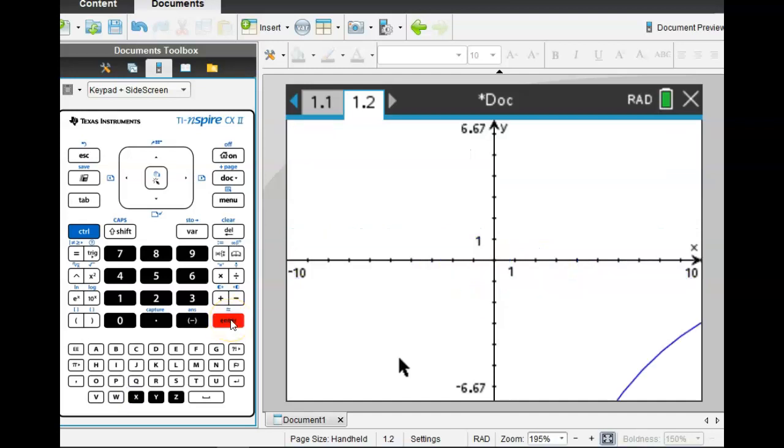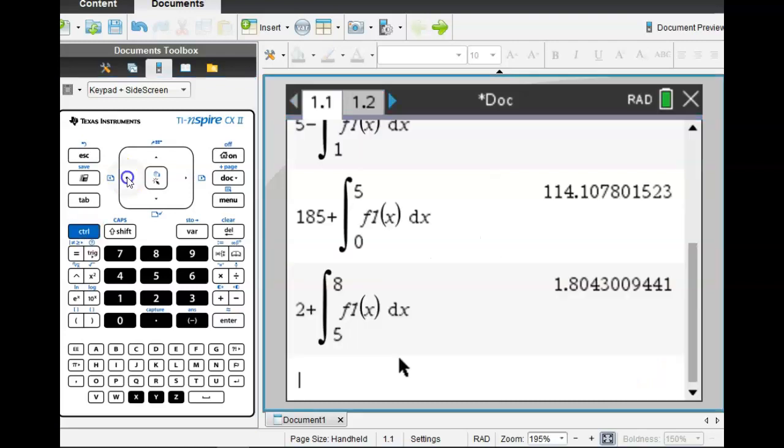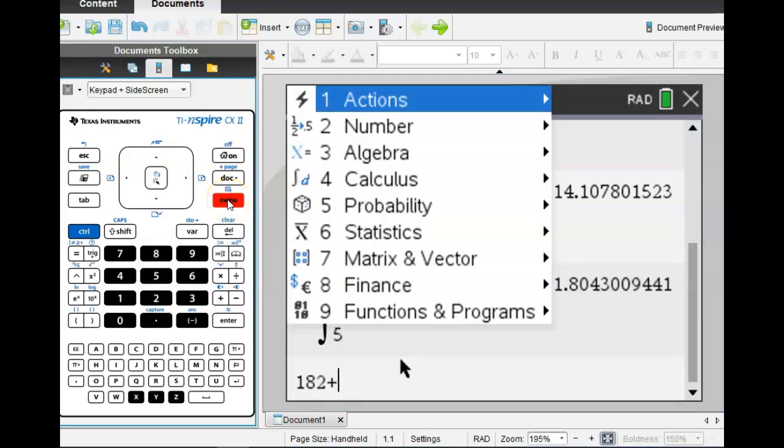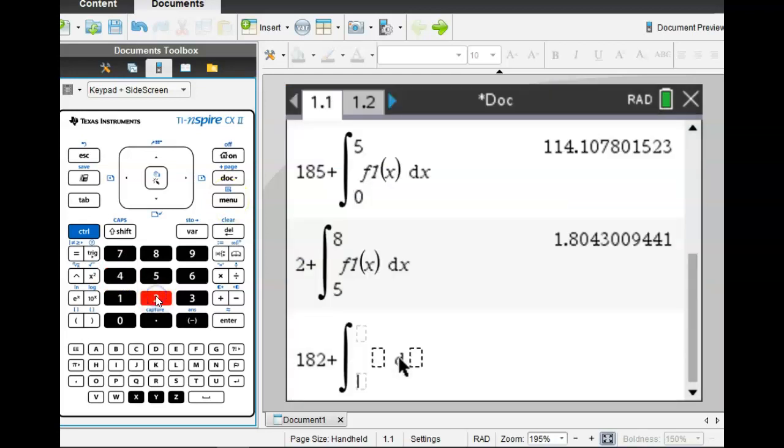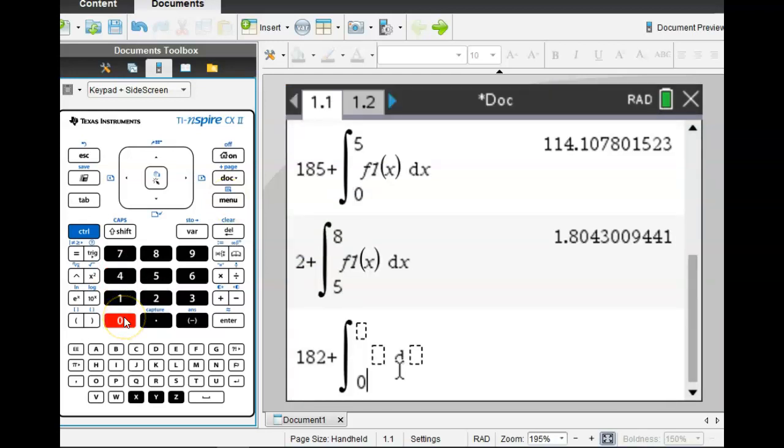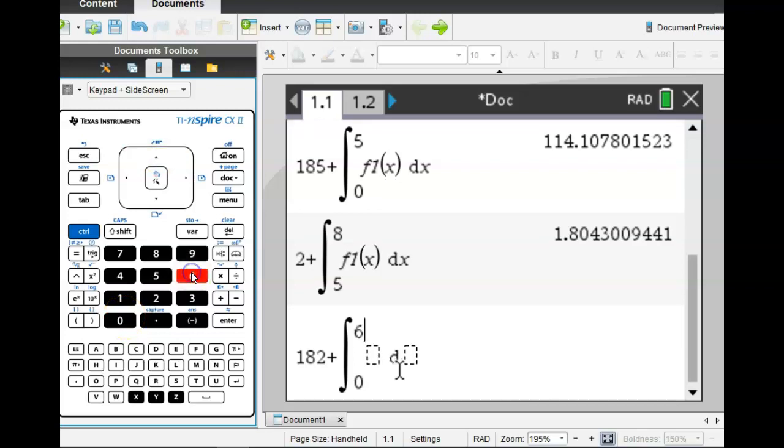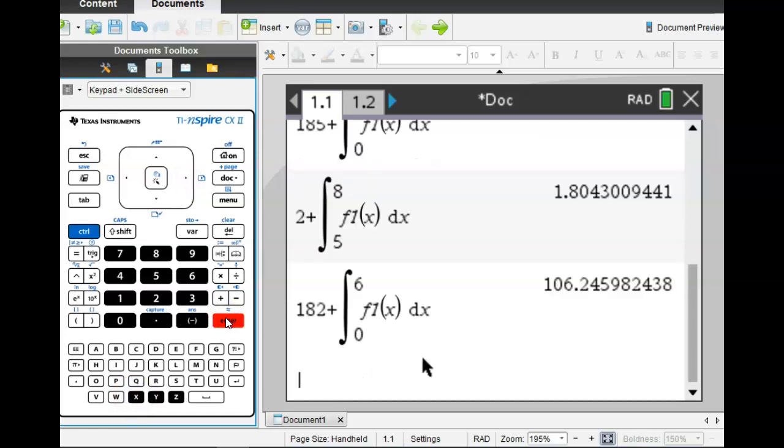And then that's what your little graph should look like. Not that we really need the graph. I'm going to go back. I'm going to do 182 plus menu. I want to do calculus. I'm going to do an integral. Doesn't matter. Don't even confuse yourself with them. 106.245.